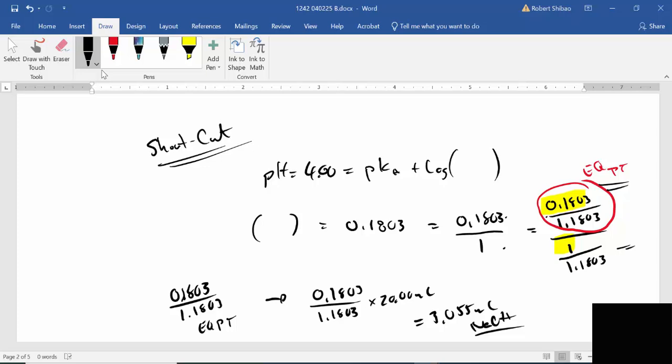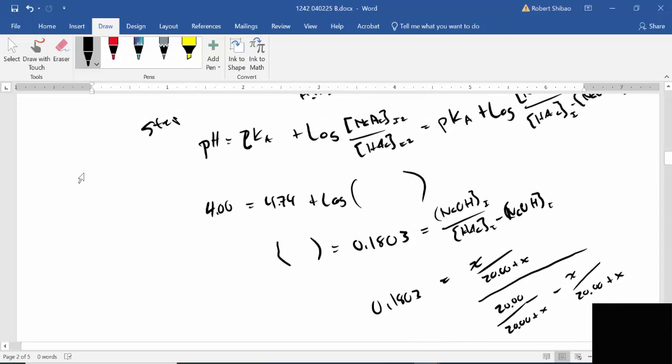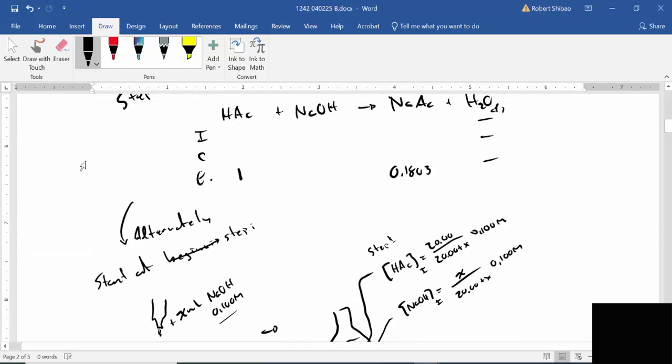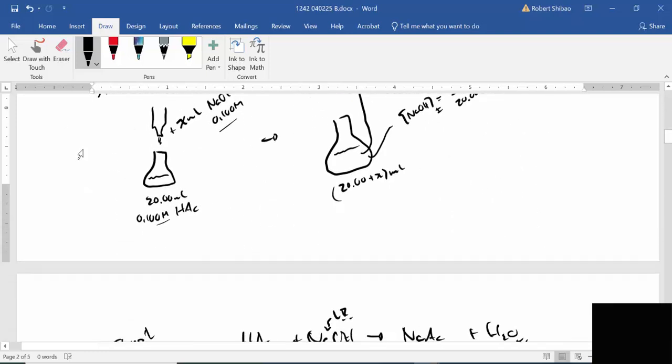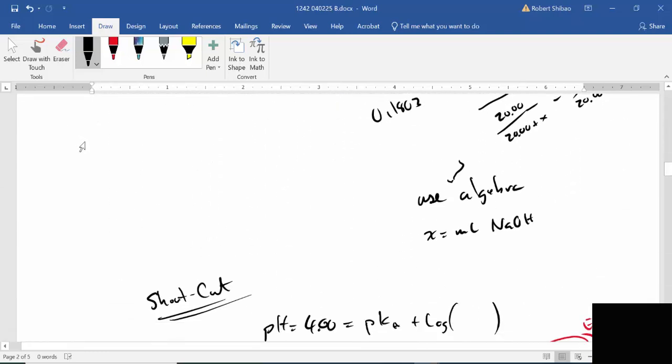All right, so I talked about that. And so these calculations in the buffer region are quite quick. You can do this fast because we can skip the solution dilution. But once we go outside, like for example the equivalence point, we have to worry about solution dilution, and the excess base, we have to worry about solution dilution.